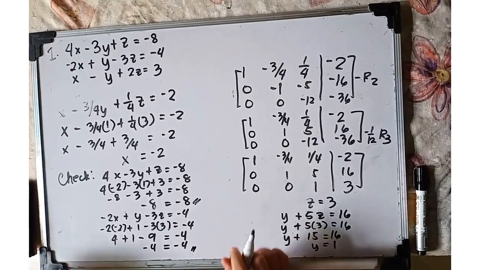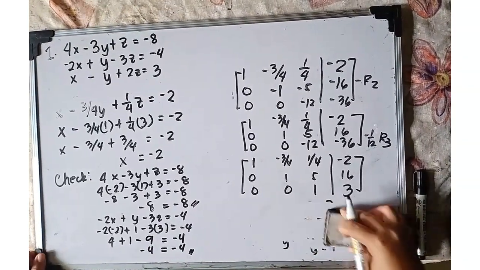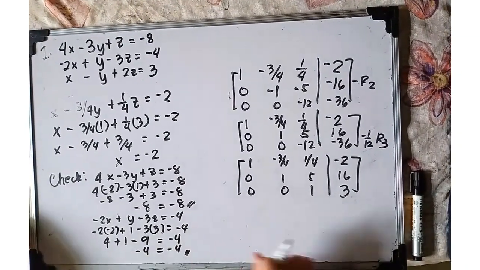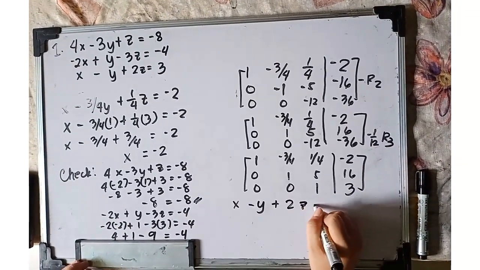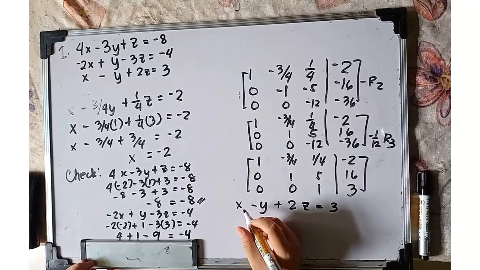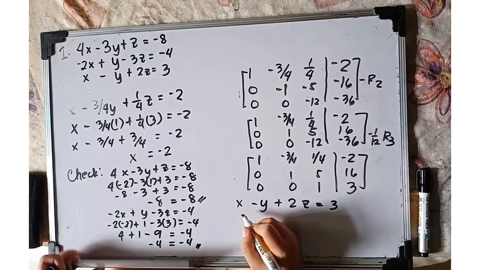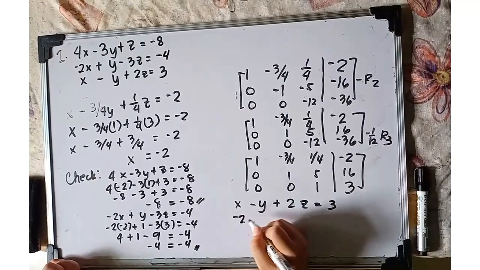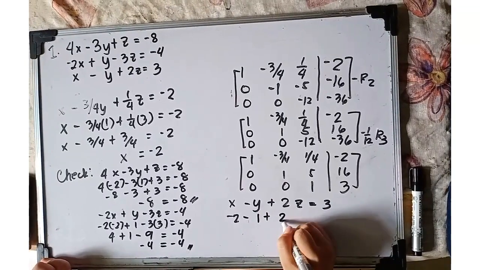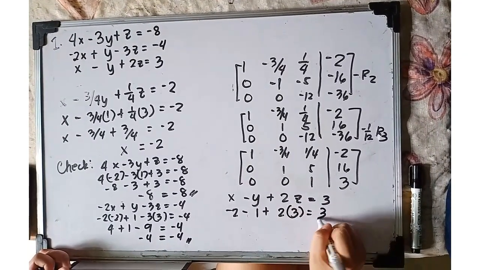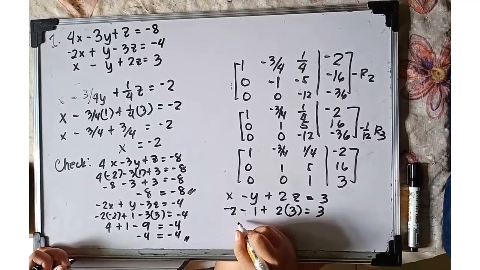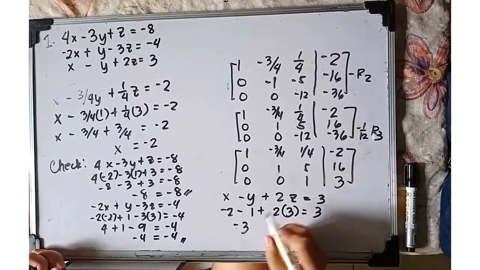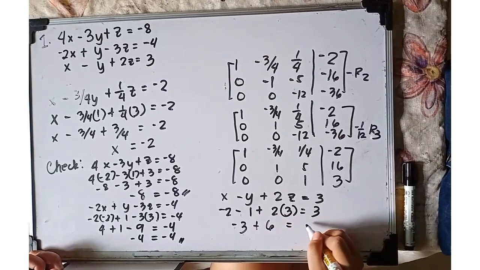So the third equation is x minus y plus 2z is equal to 3. x is negative 2, minus 1, plus 2 times 3, is equal to 3. Negative 2 minus 1 is negative 3, plus 2 times 3 is 6, is equal to 3.